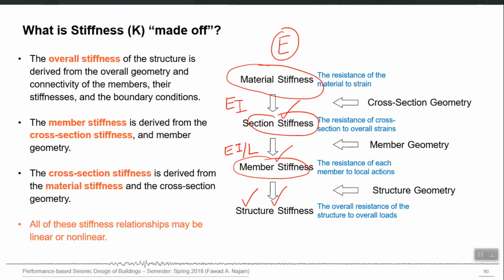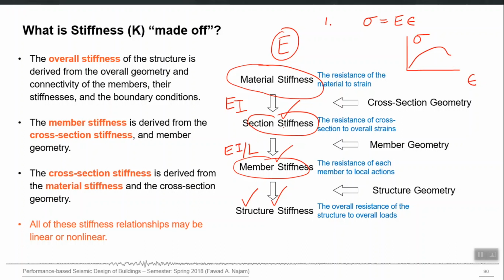Just like for the material case, let's take an example. A material follows Hooke's law, sigma is equal to E into epsilon, and because of that we call this E the stiffness of that material, right. Now in a complete stress strain behavior which is non-linear, E is variable, right, E is variable.